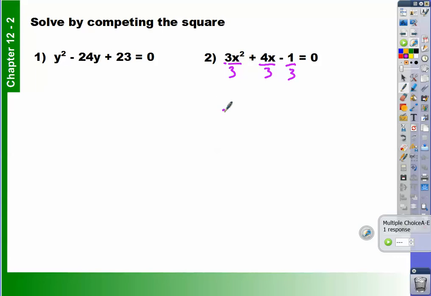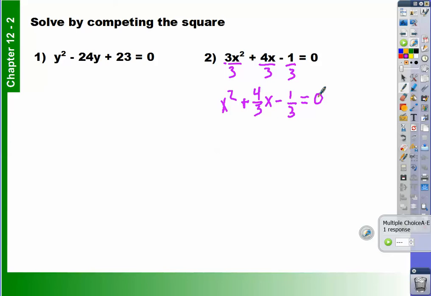X squared. 4x divided by 3 is going to be just positive 4/3 x minus 1/3. And this is going to equal 0.